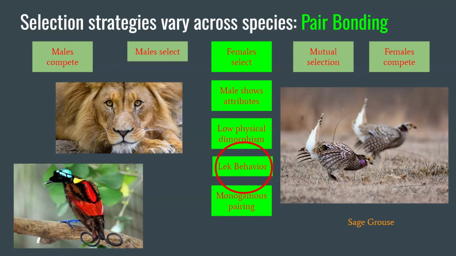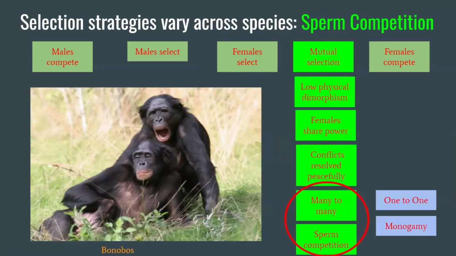And the females watch them do this dance and they select the male that shows the most selectable of the attributes that they're looking for. And this almost always results in monogamous pairing. So when females do the selection, you end up with monogamy as a rule.